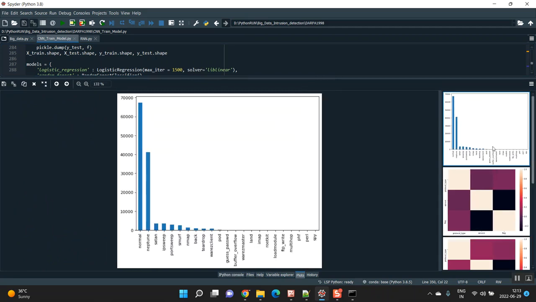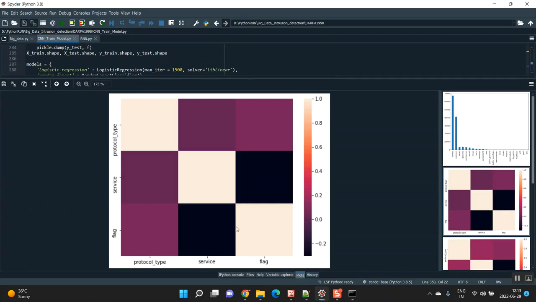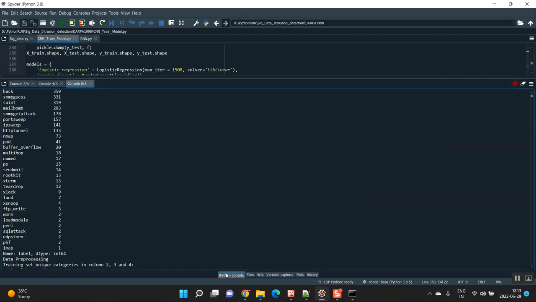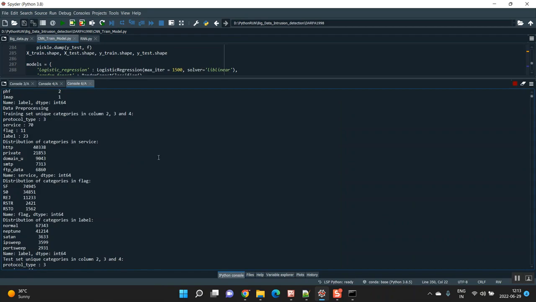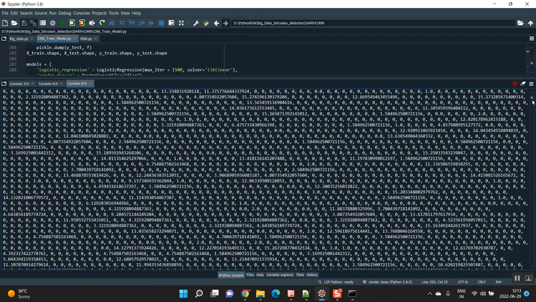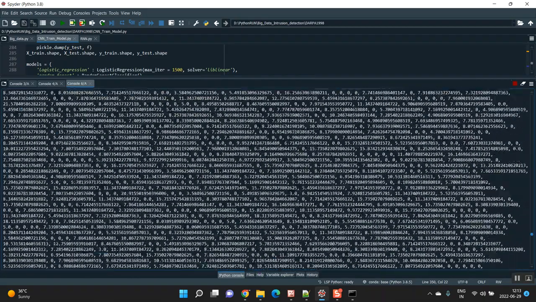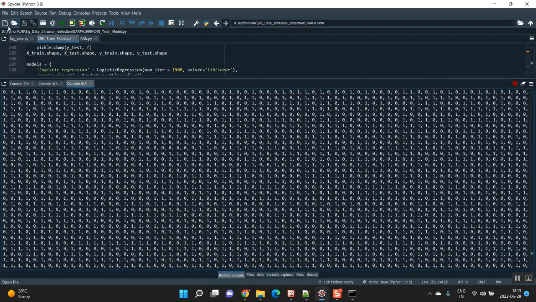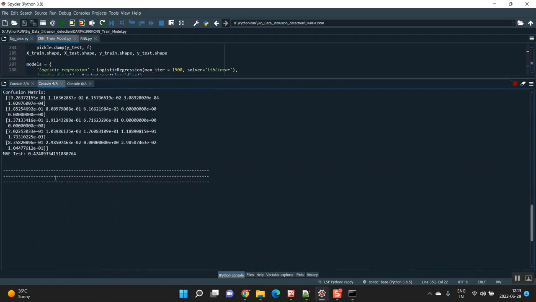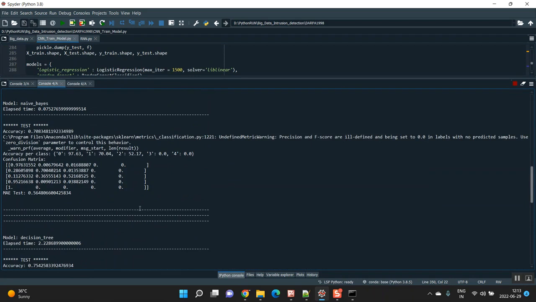I am segregating here based on flag, protocols and services, and overall for the data set, how much has been trained and tested, everything we are calculating. Finally it will calculate with RNN and provide you the result. The loading time will be high.